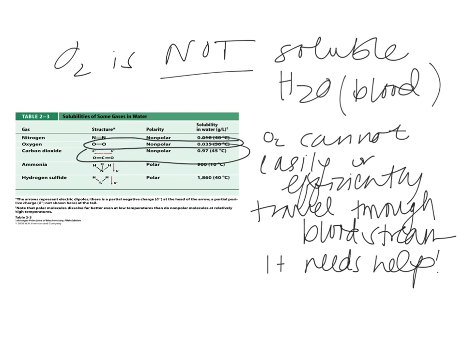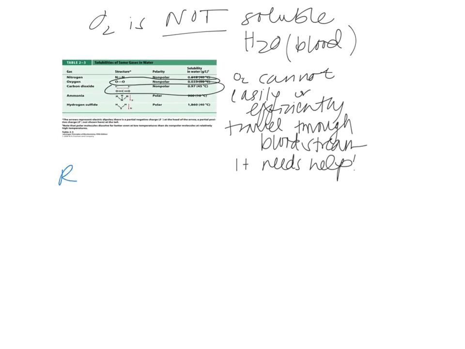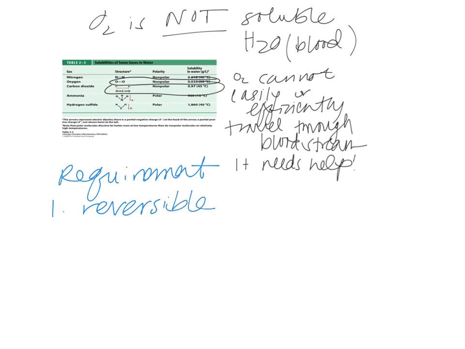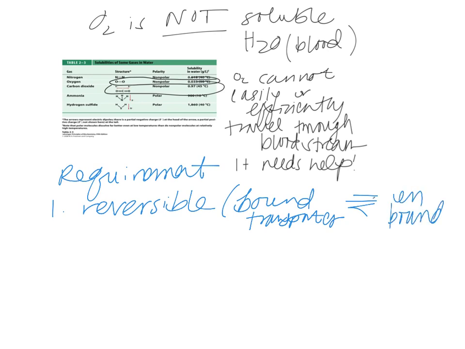Okay, there are a couple of requirements for oxygen transport. Here are the basic requirements. One, oxygen transport or binding has to be reversible. Whatever it attaches to, it also has to detach from. So it's bound to its transporter, but then it can also be unbound or leave its transporter.